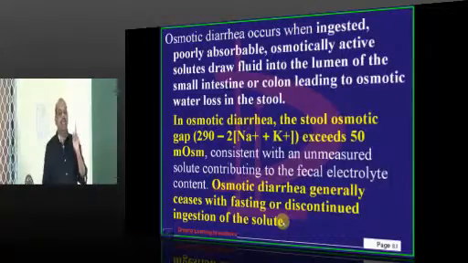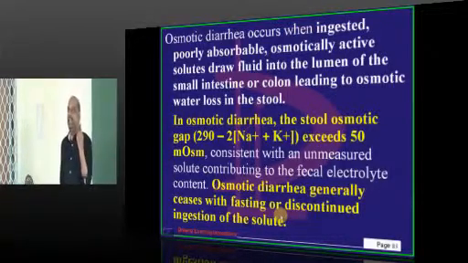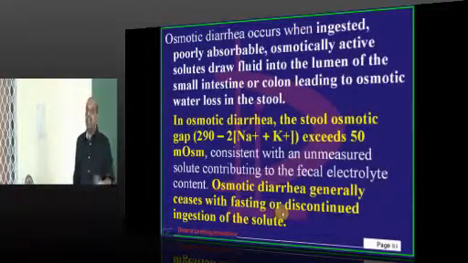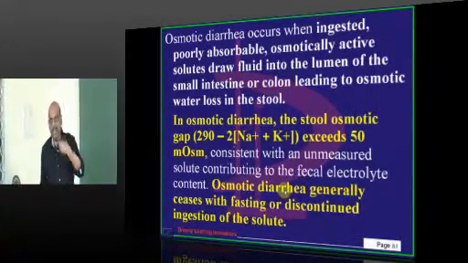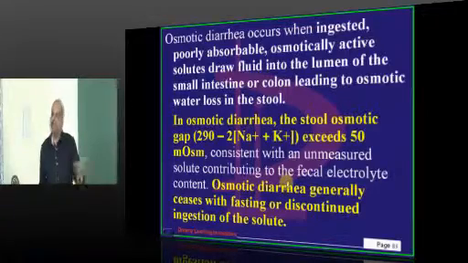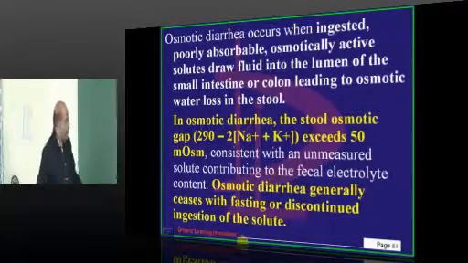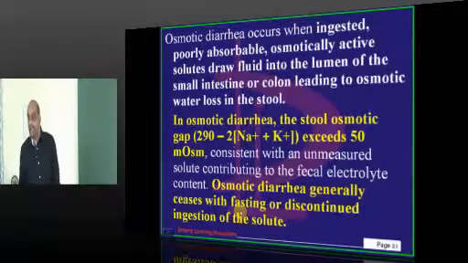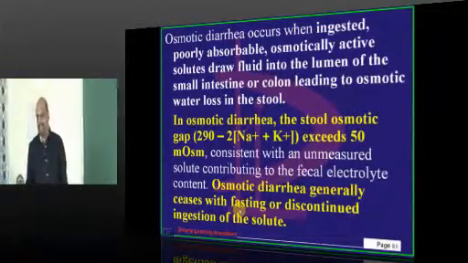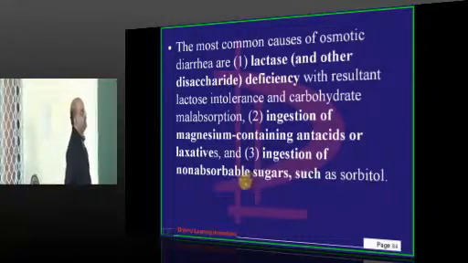But one important way to differentiate is, if you go into fasting, then no more you are ingesting that osmotically active substance. Diarrhea also will stop. So fasting relieves osmotic diarrhea but not secretory diarrhea, which is the main difference.